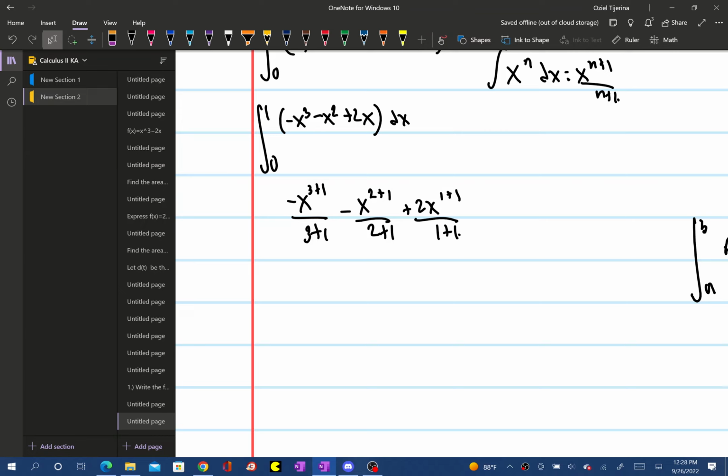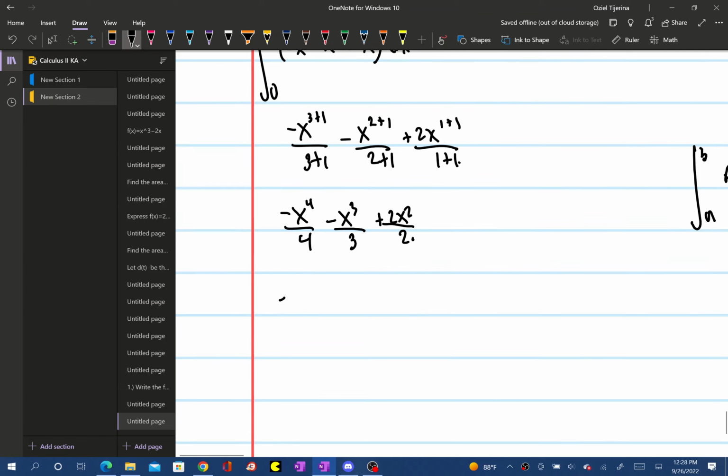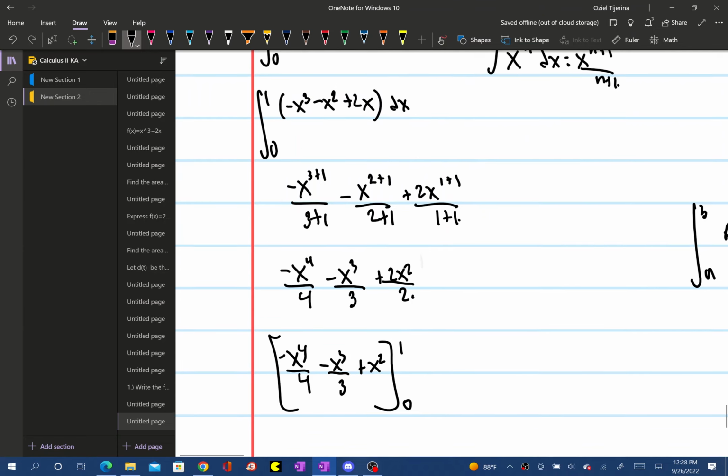This gives us negative x cubed over 4, or negative x to the 4th over 4, minus x cubed over 3, plus 2x squared over 2. This gives us negative x to the 4th over 4, minus x cubed over 3, plus x squared. And it's going to be from 0 to 1.